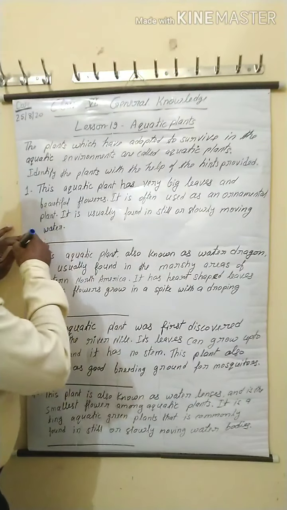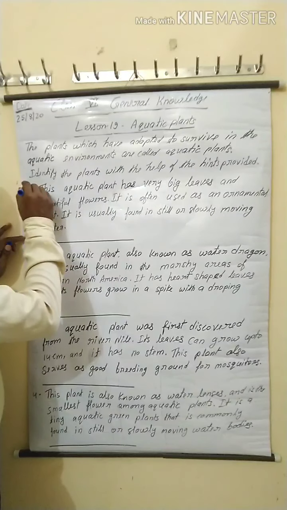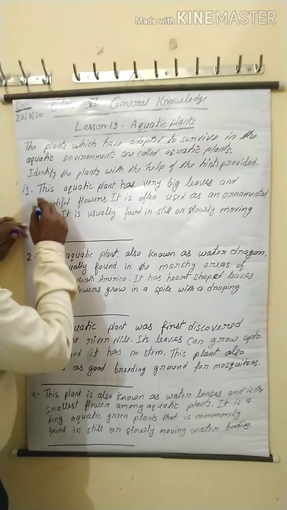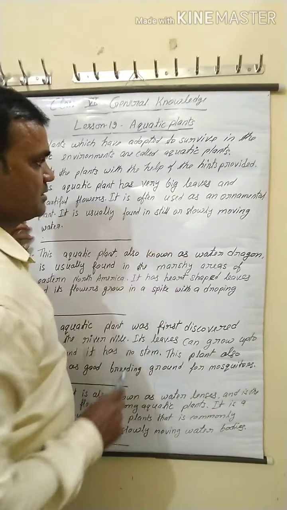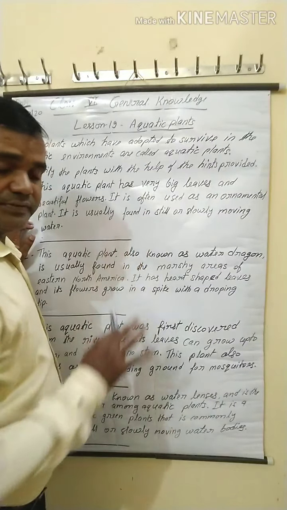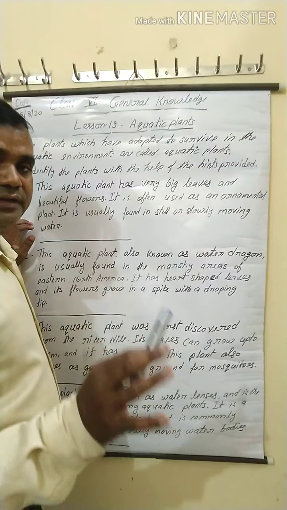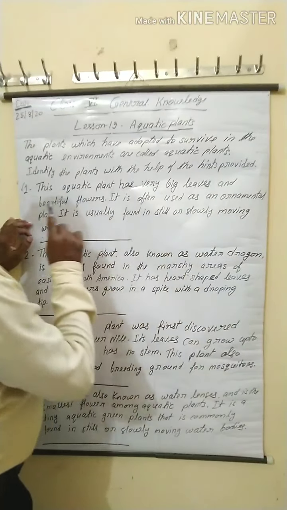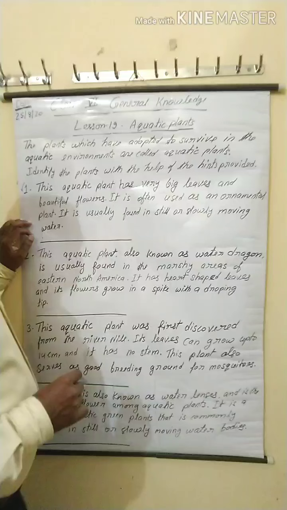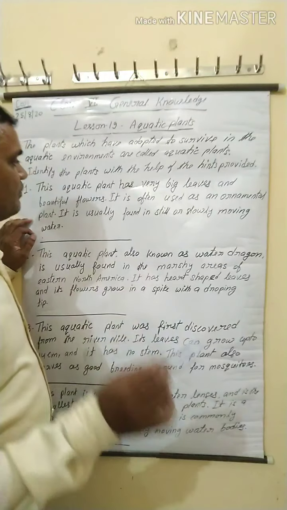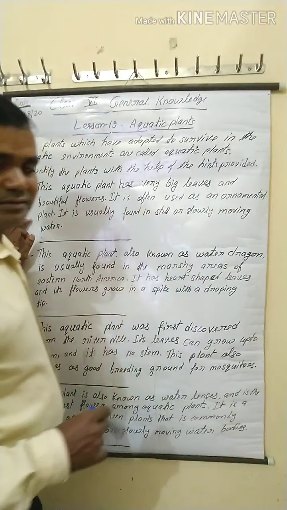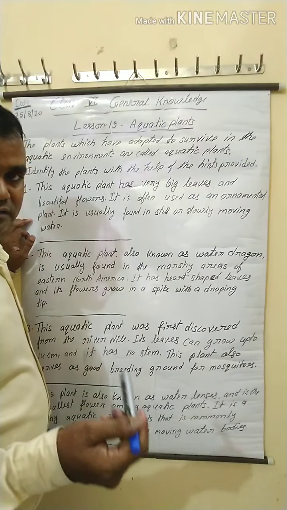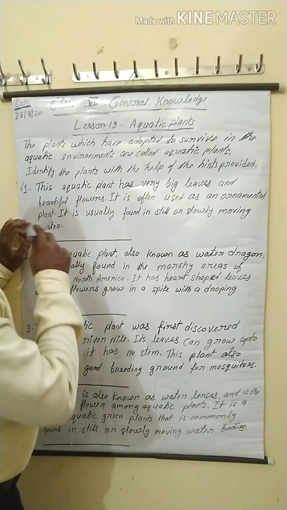Okay, so let us see one by one. First number: this aquatic plant has very big leaves and beautiful flowers. It is often used as an ornamental plant.